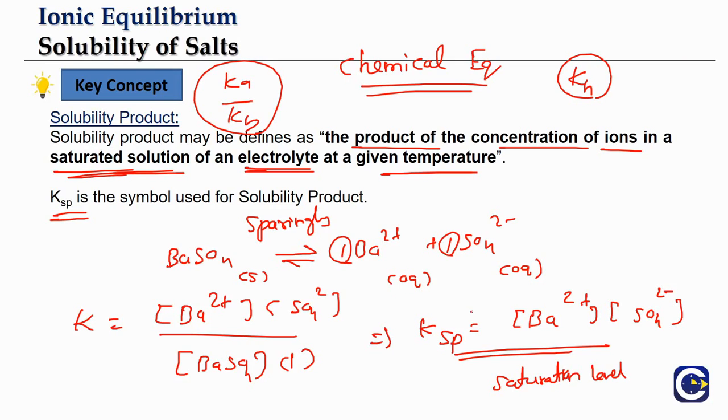H plus ion concentration into OH minus ion concentration. Here, what is Ksp? The product of concentration of ions raised to the suitable powers. That we should always keep in mind. The powers are nothing but the stoichiometric coefficients. And these concentrations of ions are at where? At the saturation level. And Ksp, just like other equilibrium constants, is going to depend upon what? Temperature.